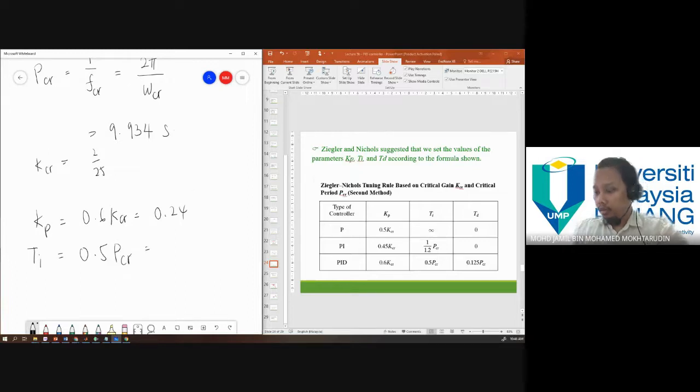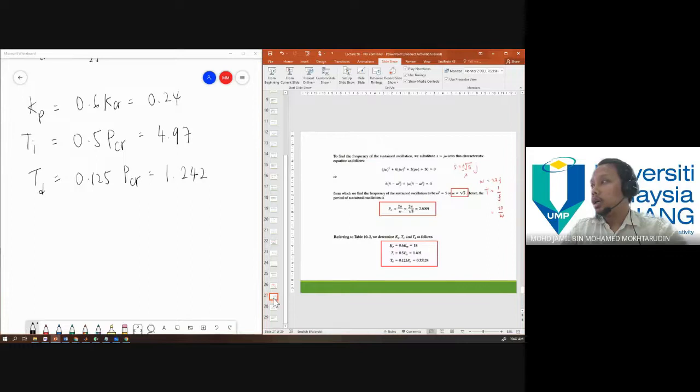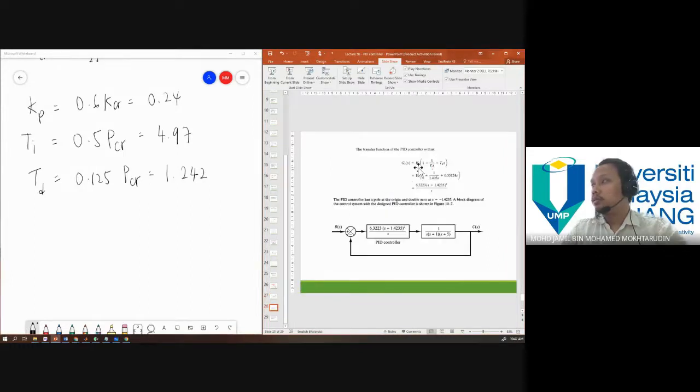So you get about 4.97. And then TD, about 1.242. So we get these values, then we can substitute into the transfer function here.